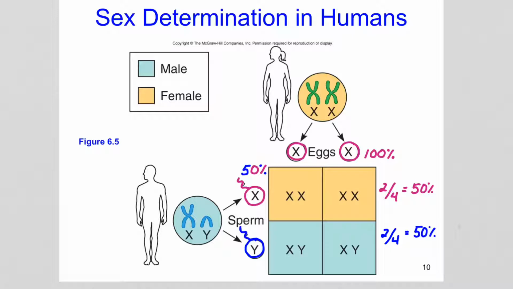So the next few slides are going to work through problems where we have genes located on either the X or the Y chromosome. So they're linked to that chromosome.